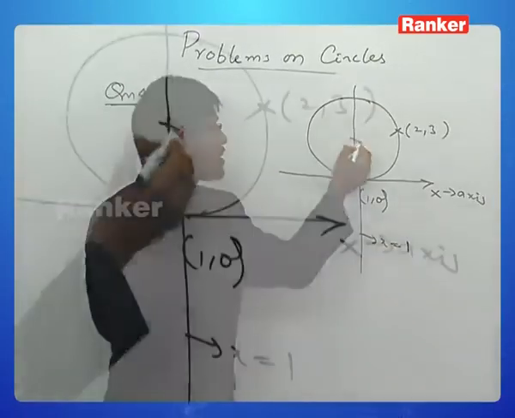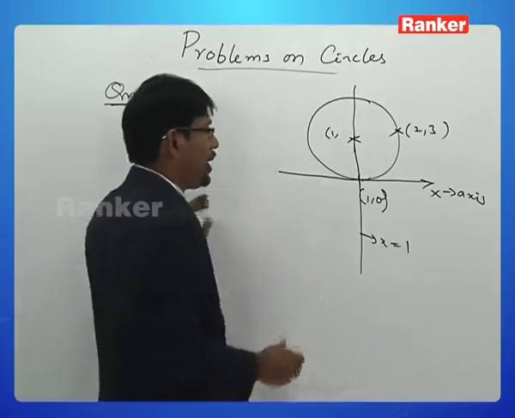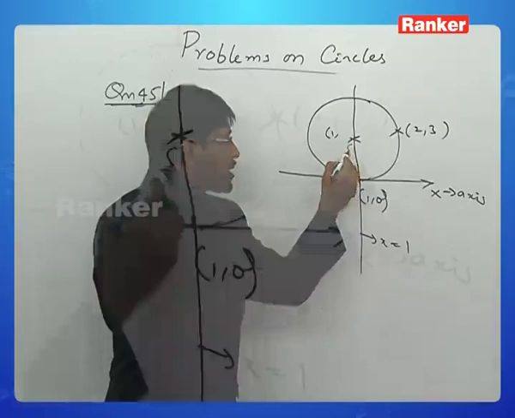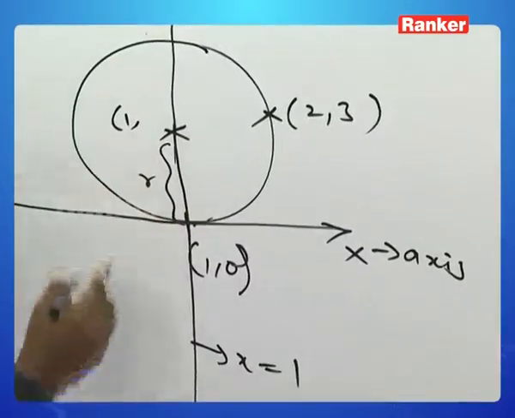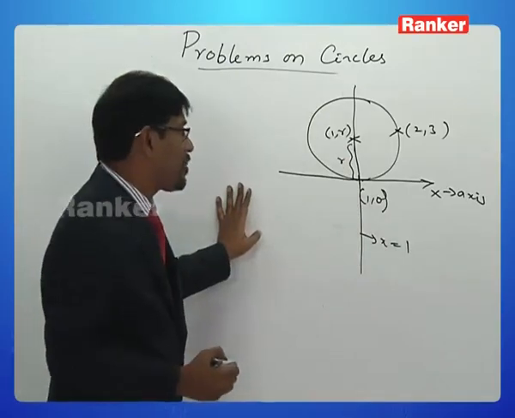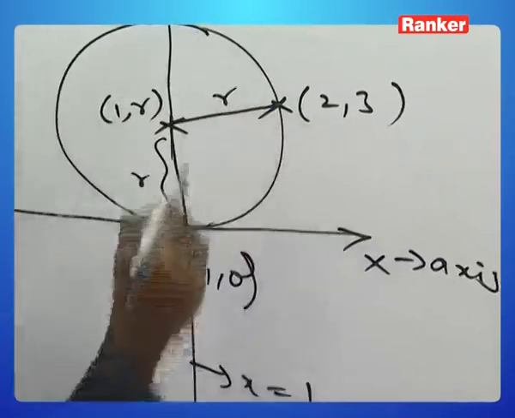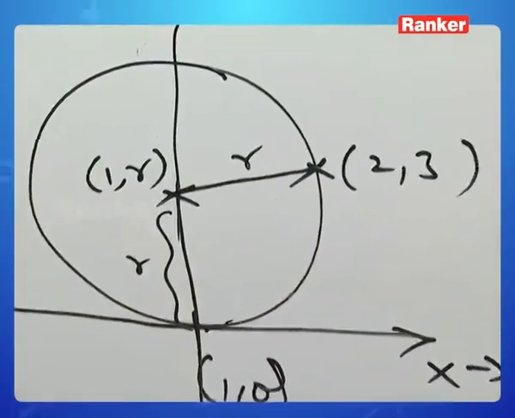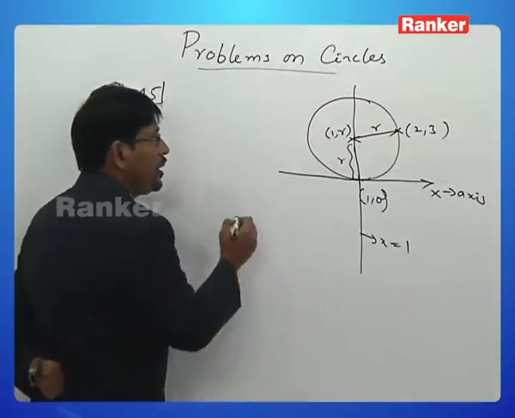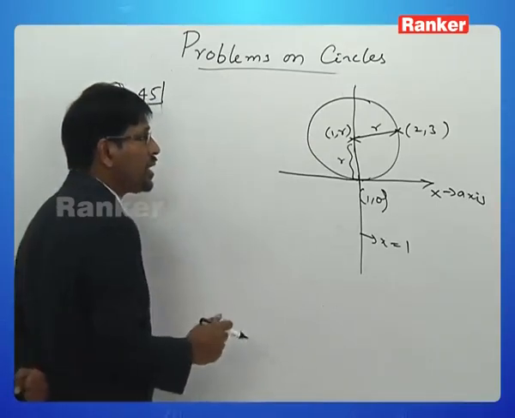So the center is having the x-coordinate 1, and we can assume this length is the radius, isn't it? So I can write the coordinates of this point as 1 comma r. Now this is also r, the radius. Now use the distance formula from the center to 2 comma 3; the distance is r units.